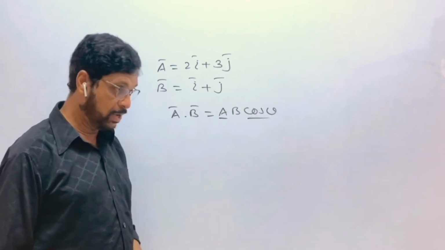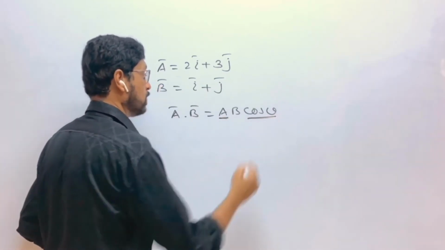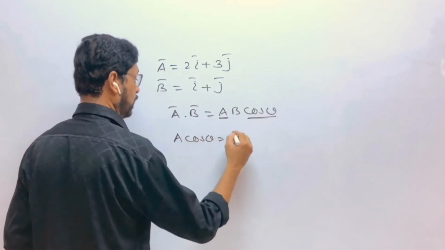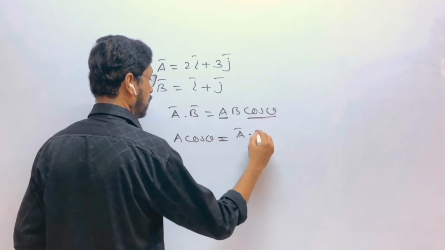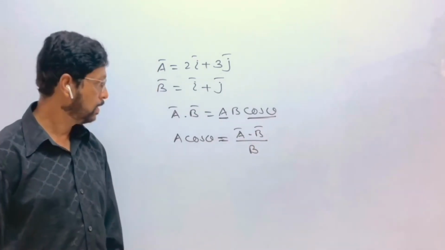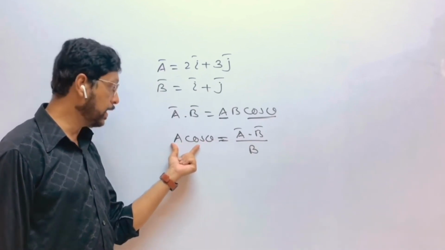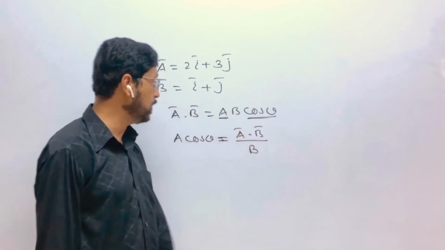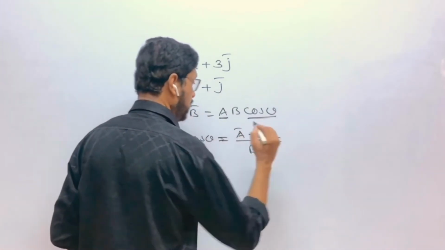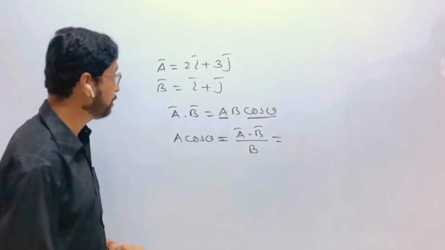We have to find component of A in the direction of B, means you have to find A cos theta. So A cos theta is equal to A dot B upon B. A and B are known. So A dot B is AX BX plus AY BY plus AZ BZ.